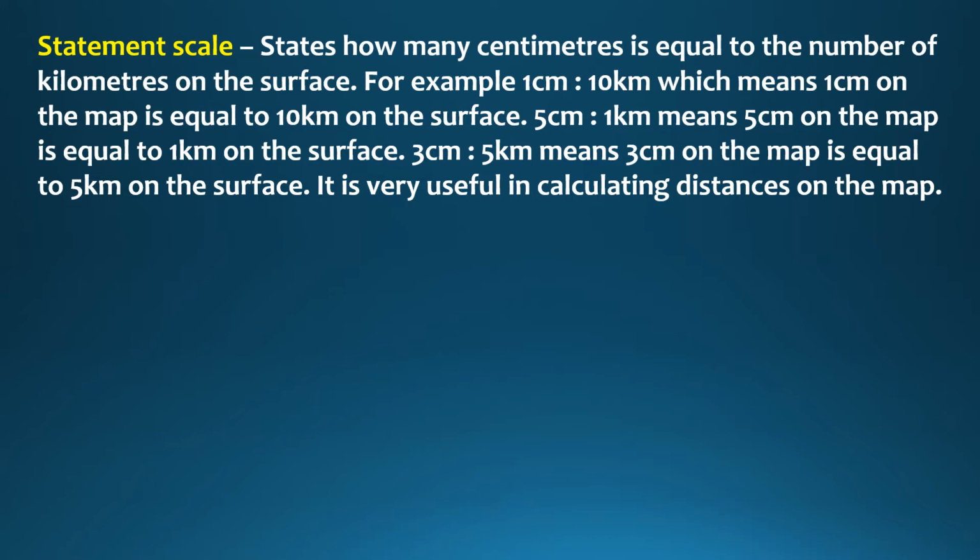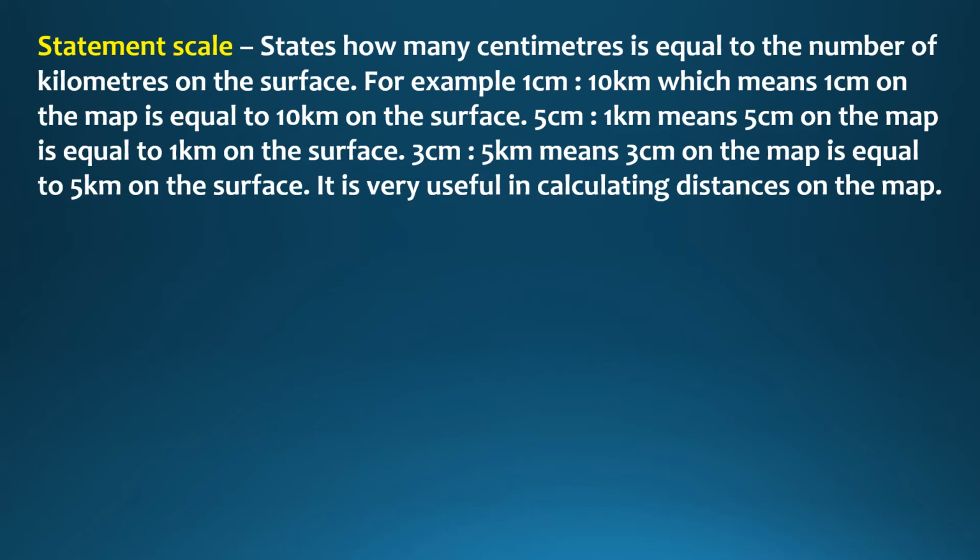The first one is the statement scale, and it states how many centimeters is equal to the number of kilometers on the surface. For example, 1 centimeter to 10 kilometers means that 1 centimeter on the map is equal to 10 kilometers on the surface. Similarly, 5 centimeters to 1 kilometer means that 5 centimeters on the map is equal to 1 kilometer on the surface.